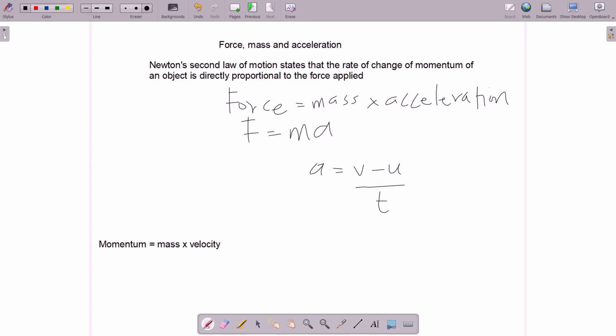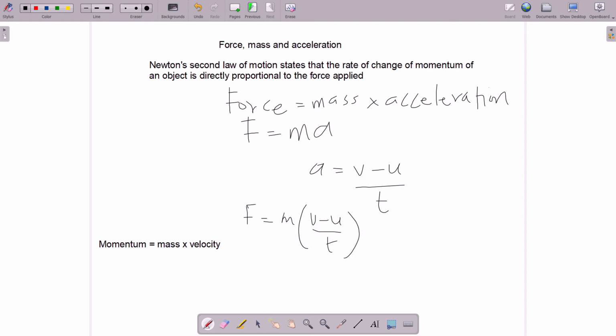So if we are to substitute that into this relation, we have force equal to mass times change in velocity over time, which represents acceleration.